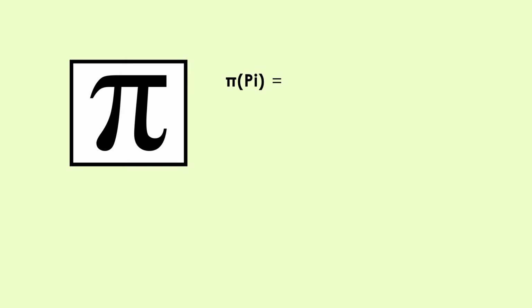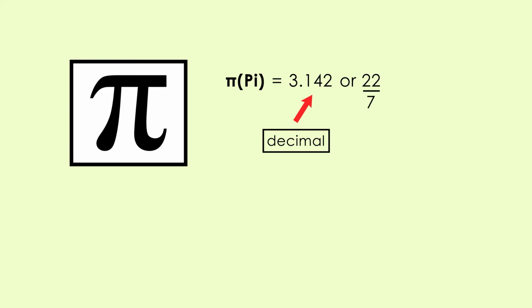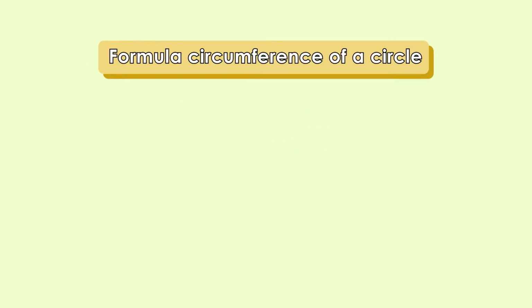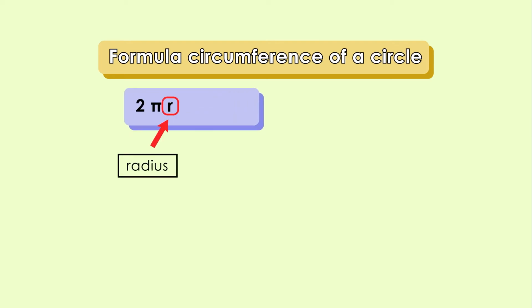Pi can be approximately 3.142 in decimal or 22/7 in fraction. The formula of the circumference of a circle is 2 pi r, where r is the radius. 2 pi r can be written as pi multiplied by 2r.